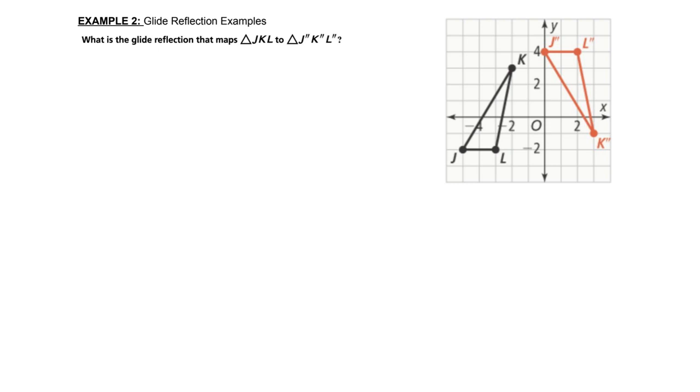We have our original, our pre-image, and our image. We know there's going to be a reflection, and then there's also going to be a translation. So we want to work backwards and find the translation.